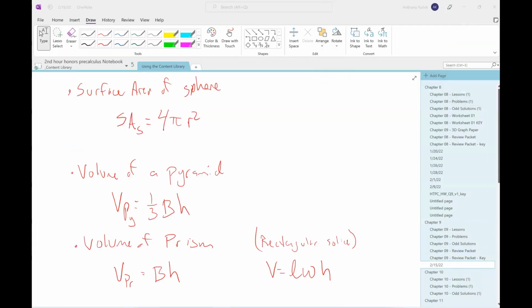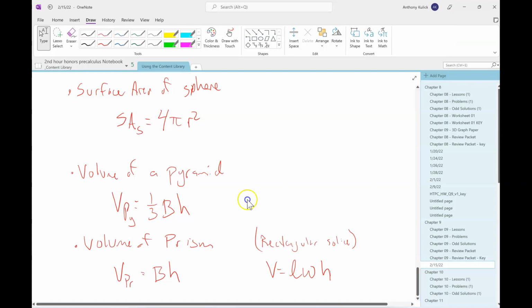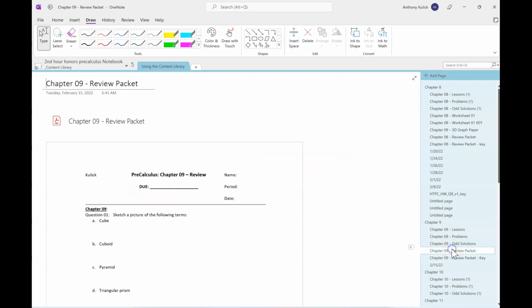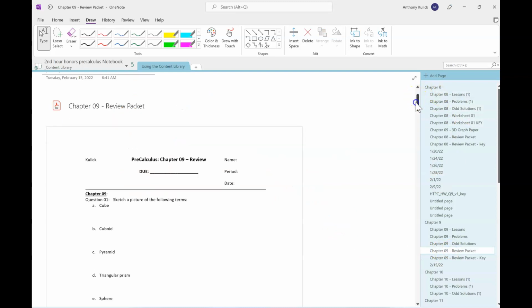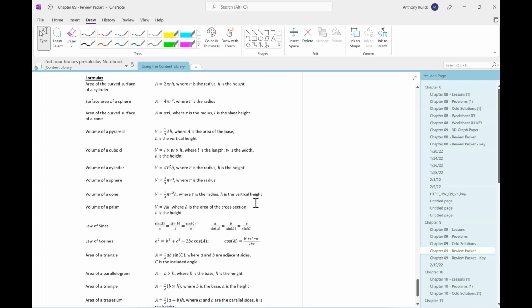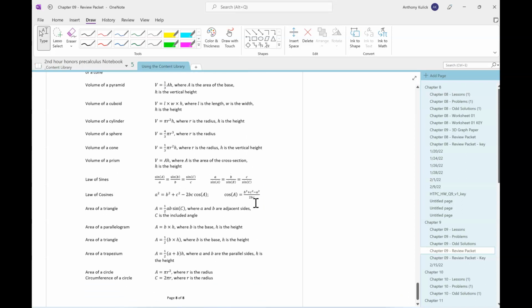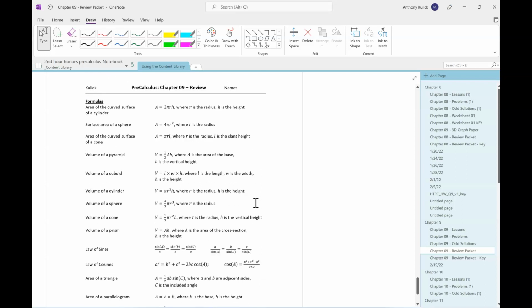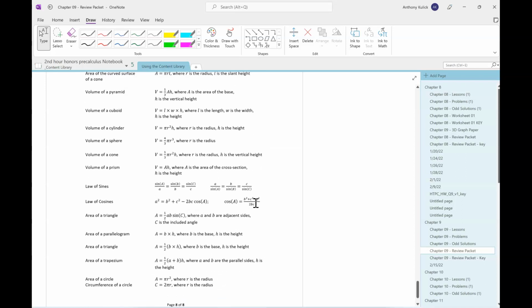Okay. So that was our review of shapes and basic formulas. Don't freak out about all the formulas you just saw. If you look at the review and the formula page on the review, I think that's just about everything we talked about, plus some other stuff.